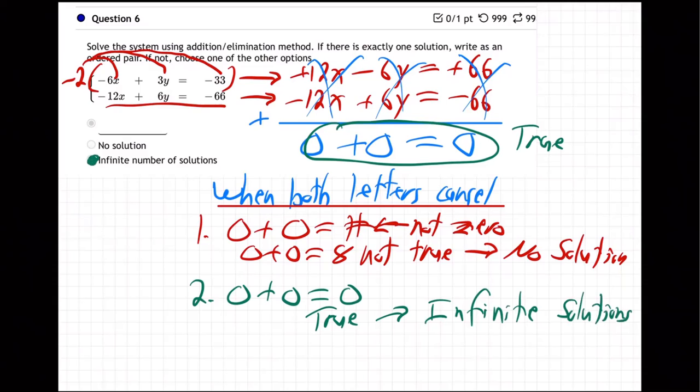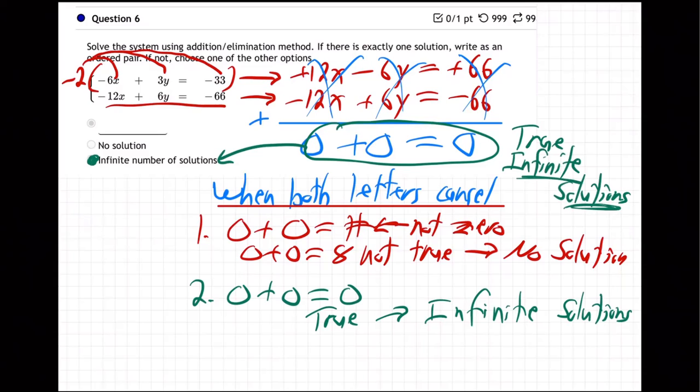Our answer is an infinite number of solutions. Because there's truth. When there's truth, there's answers. Math is always solving to find out what is the truth.